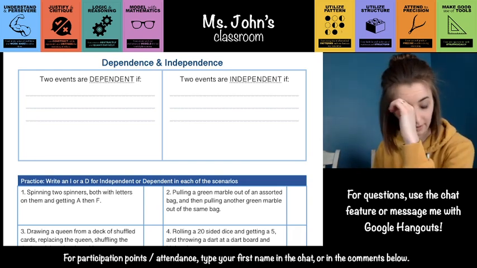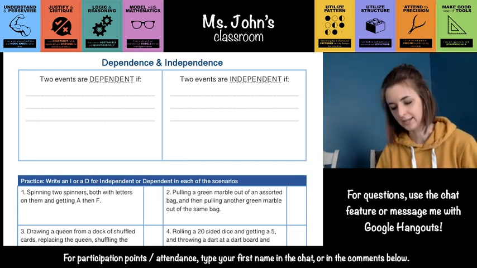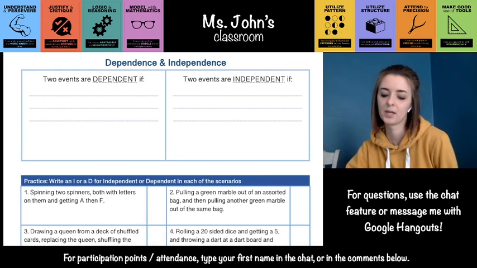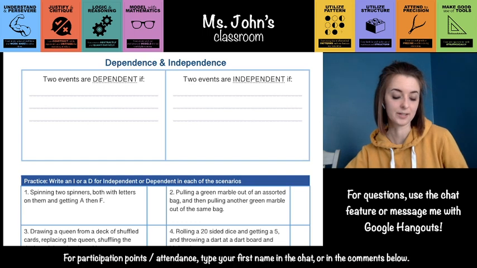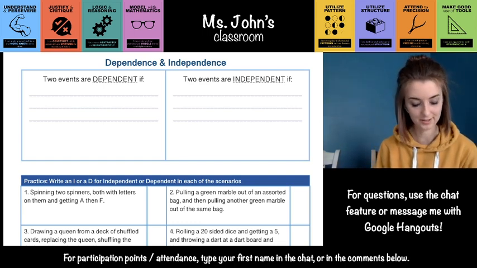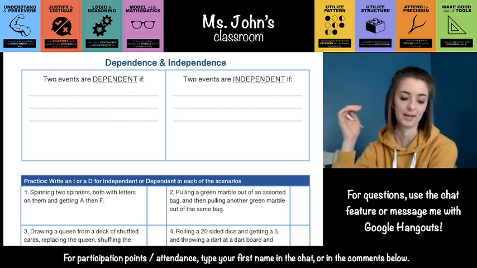So we have one more thing to talk about, and this is kind of an interesting thing. Some people really like to think about dependence and independence. It's actually a very big topic in probability because it comes up a lot and it greatly affects the probability math that we do, whether or not 2 things are dependent or independent.